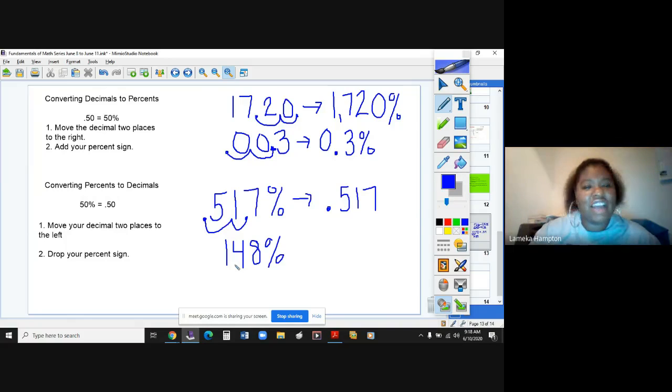So I just want to put that out there as well. Again, because this is a whole number, my decimal is going to be behind the ones place, which is the 8. So what I'm going to do, I'm simply going to follow my rule and move my decimal 2 places over to the left. So my decimal is here. And I go 1, 2.